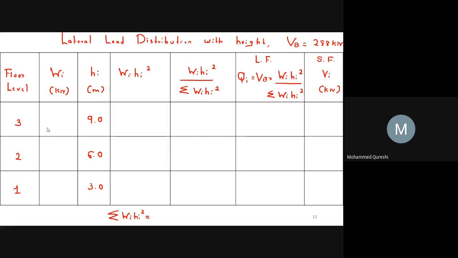So, Wi for first floor level will be 1120. For second floor level 1120, and for third floor, that is for roof, 960 kilonewton.